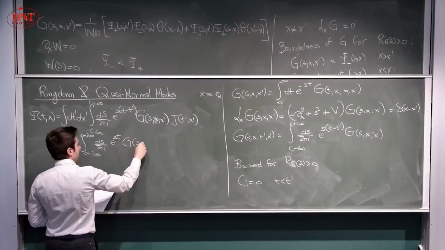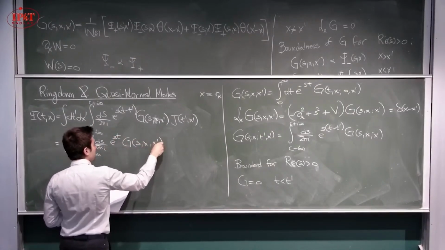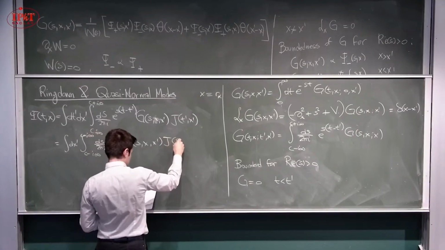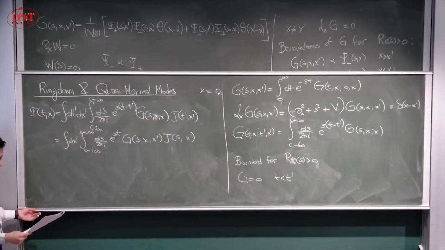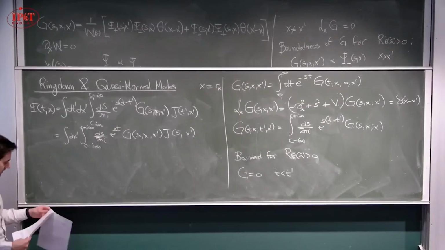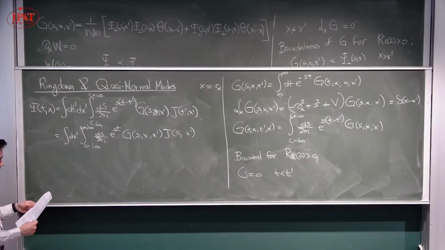Then we have G s x prime, and then we have the Laplace transform of the source. Okay. But this is just algebra, so I'm doing something very trivial if you want. So why is this useful?